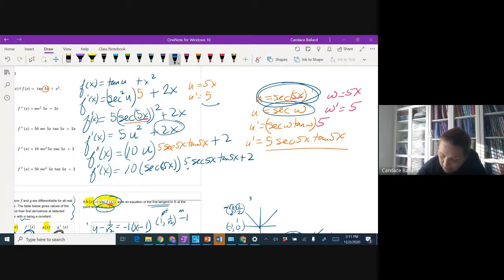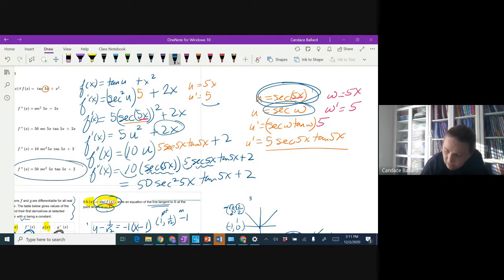All right, now we've got to clean that up. So I've got 10 times 5 is 50. Secant times secant would be secant squared 5x, and then just tangent of 5x plus 2, so it looks like the last one.